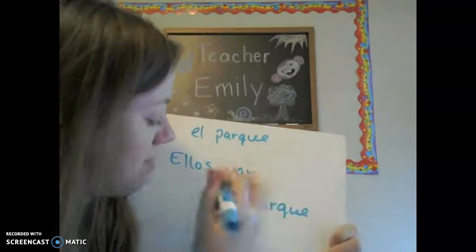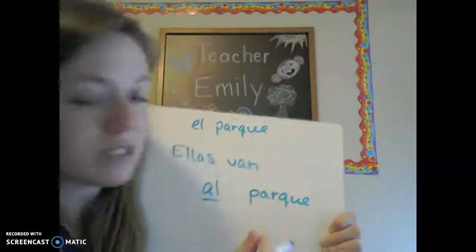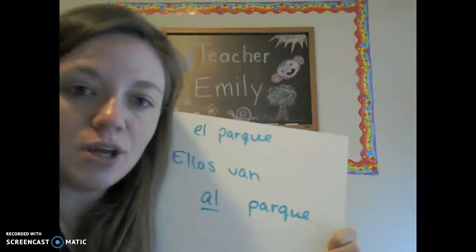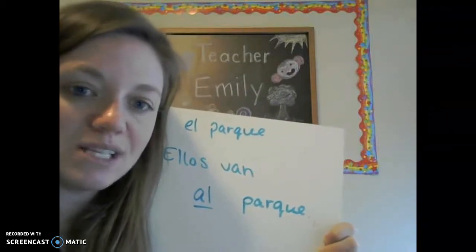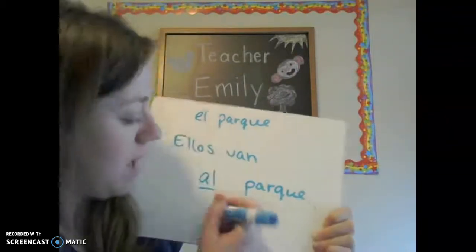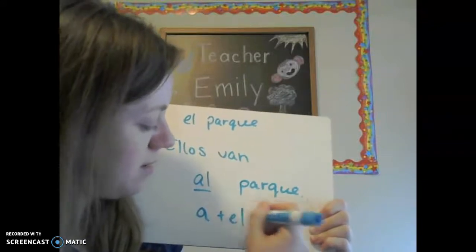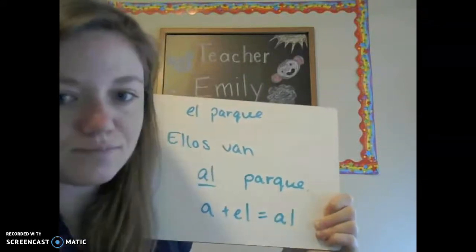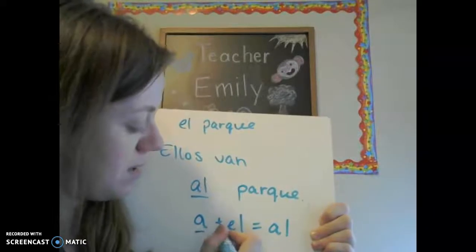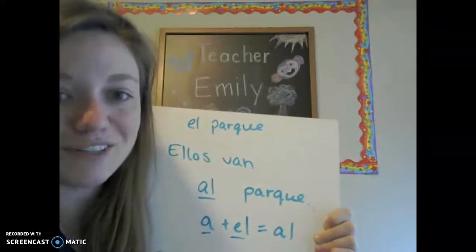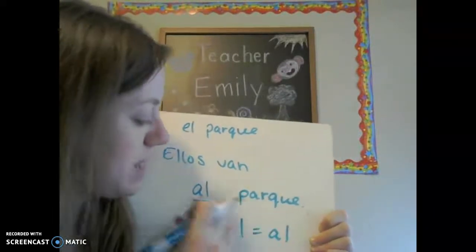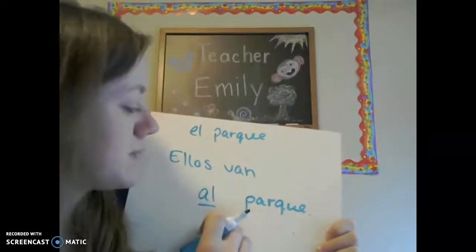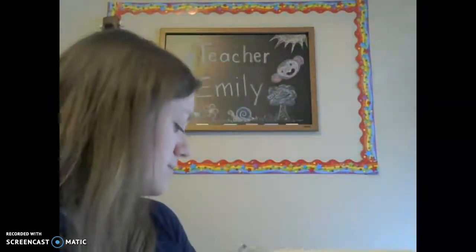So instead we have this new word al. It's kind of like a contraction in English. When we say instead of do not, we say don't. A followed by el is al. So you will never say a followed by el. You'll never say it and you'll never see it. It'll always convert to al. Ellos van al parque.